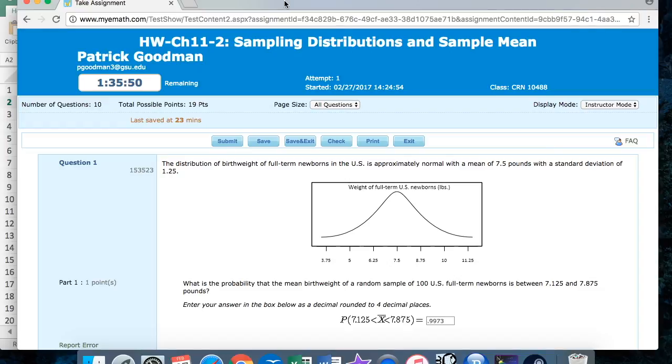But I thought some of these might be difficult enough that we should go over some of them. The nice thing is there are a lot of similarities between proportion and this. Also, one thing I want to note: for a proportion you don't have to turn it into a z-score if you don't want to.